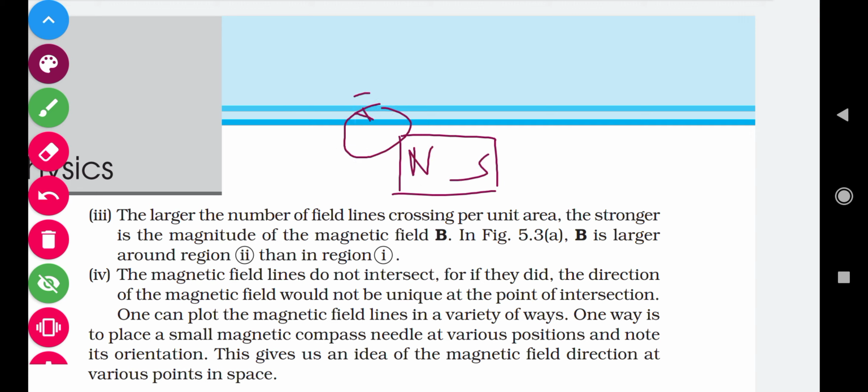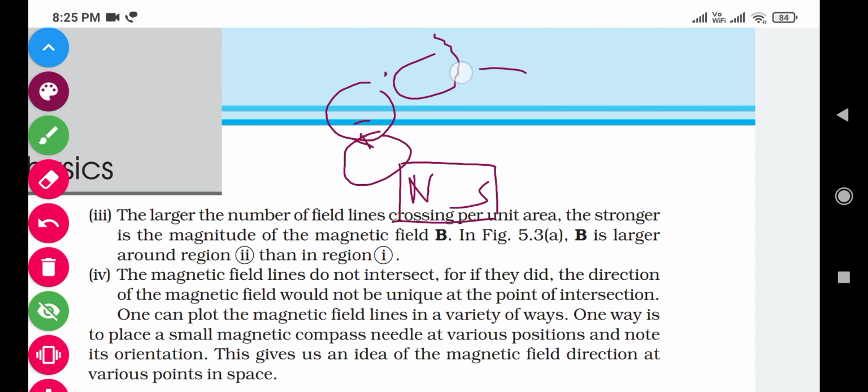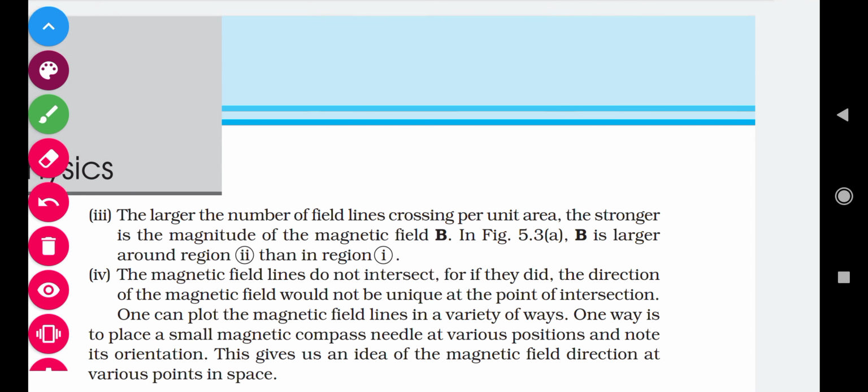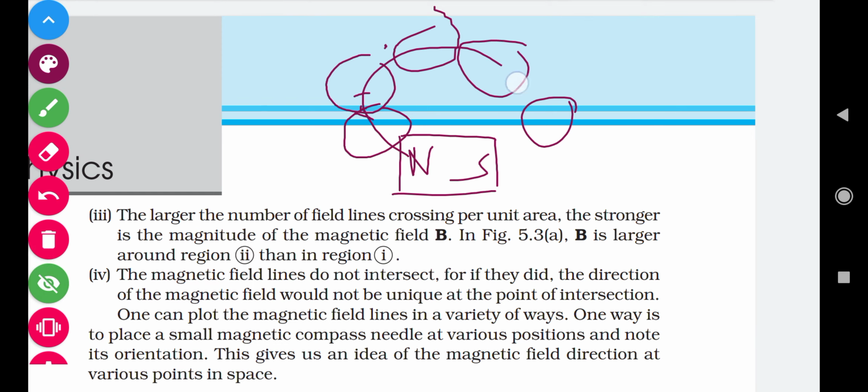Then take a plain paper and, with the help of a pencil, draw a point here. Now move the compass here and again put a dot with the pencil. Similarly, the compass will orient itself in a certain direction, and that will result in a magnetic field line. You can plot a magnetic field line with the help of this.